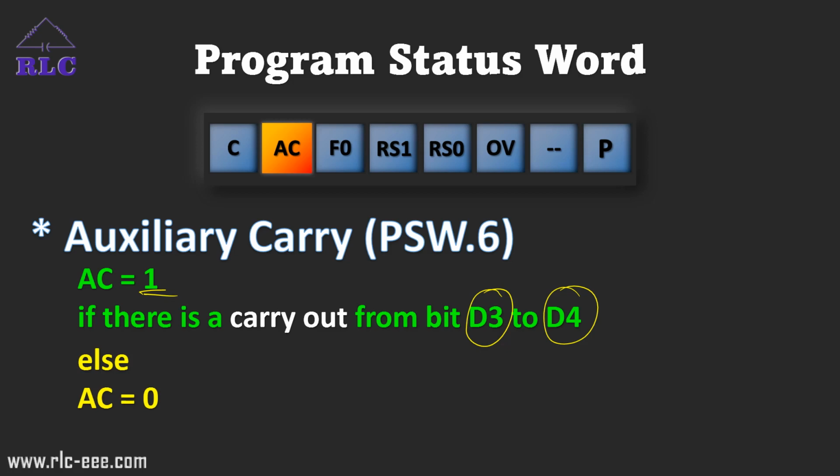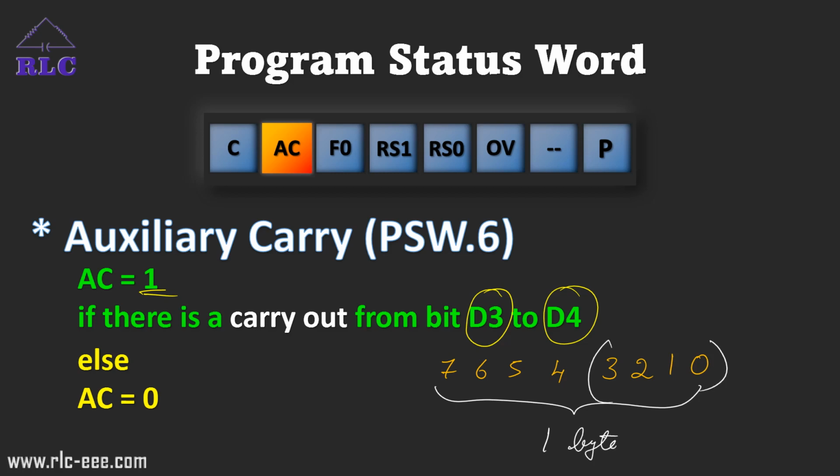That means we know that it is 8-bit data which we have been operating. In the 8-bit data, we have bit number 7, 6, 5, 4, then 3, 2, 1, 0. This is 8-bit data. In the 8-bit data, we call this 1 byte.